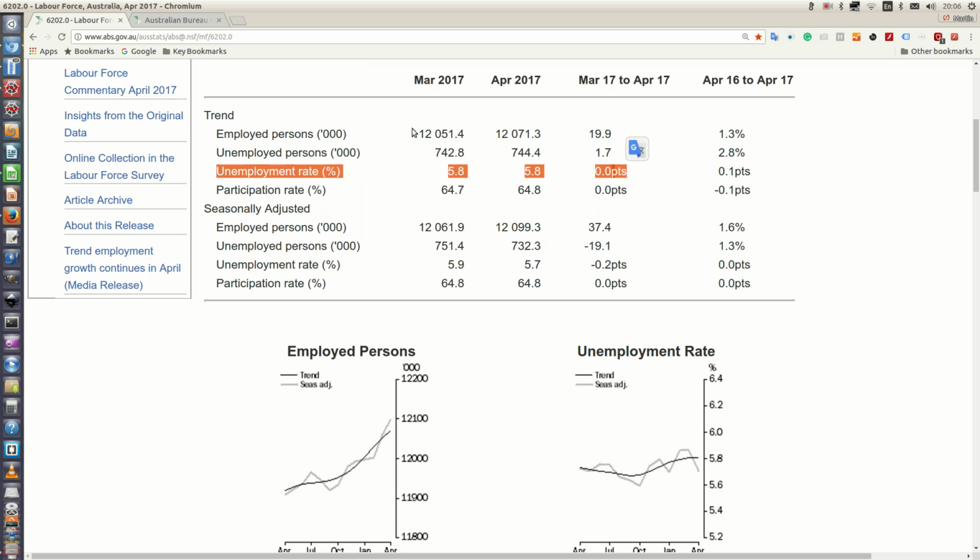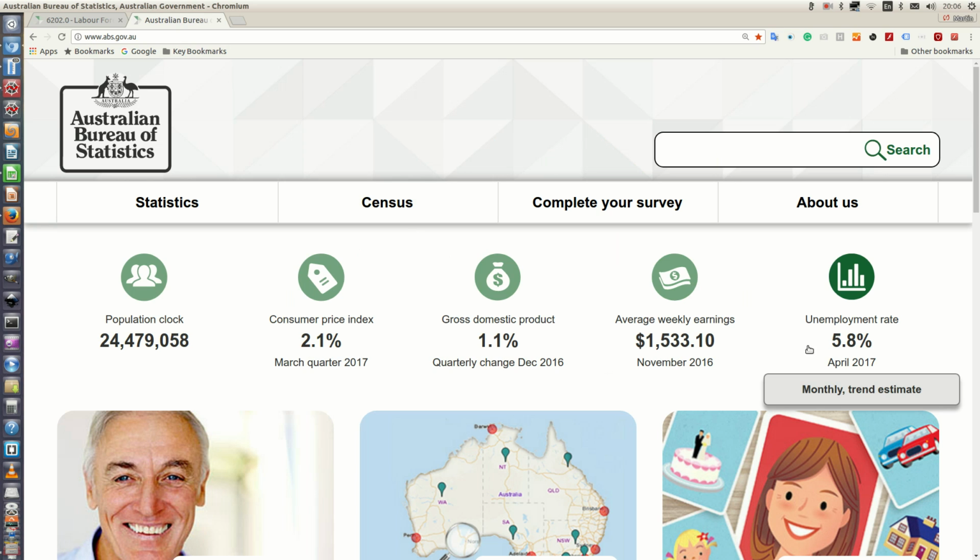So if we take a look at the Australian Bureau of Statistics website, we can see that they publish the unemployment rate of 5.8% for the trend estimate, not the seasonally adjusted estimate. Their headline figure is a trend estimate. Unfortunately, the media seems to be fixated on talking about seasonally adjusted monthly estimates.